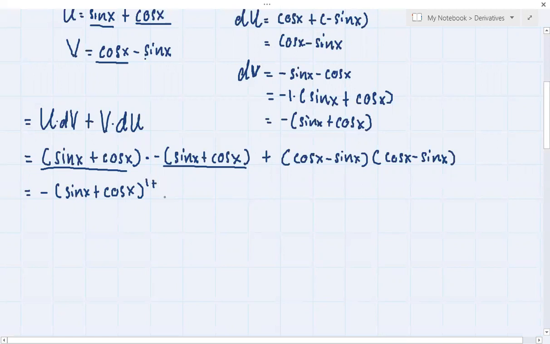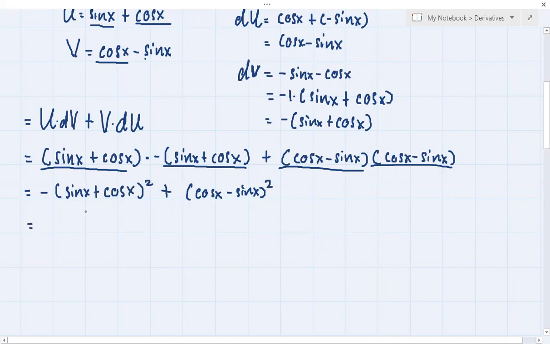So, therefore, we will have sin x plus cosine x raised to 2. Now, to the second term, ganun din, kasi the first subterm at saka the second subterm, both of them are exactly the same. So we will copy the base cosine x minus sin x. Then, i-add natin yung exponent nila. So we have 1 and 1. So therefore, we will have 1 plus 1. So we will have 2.